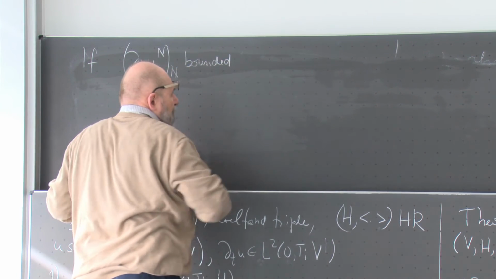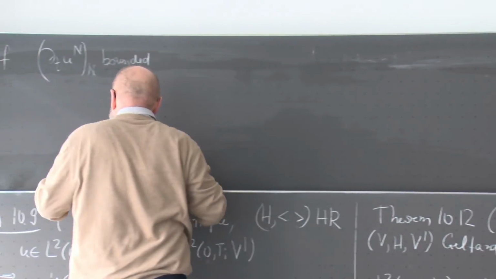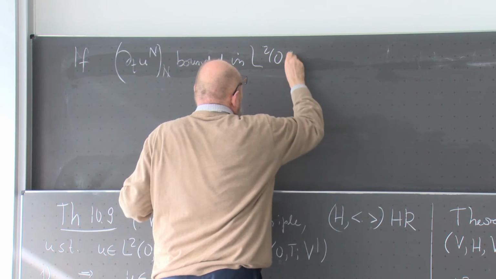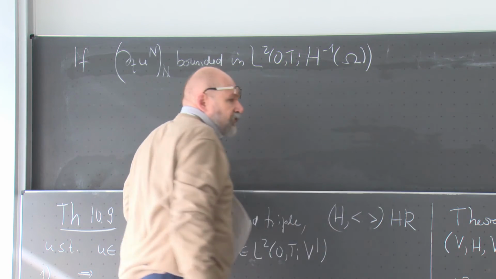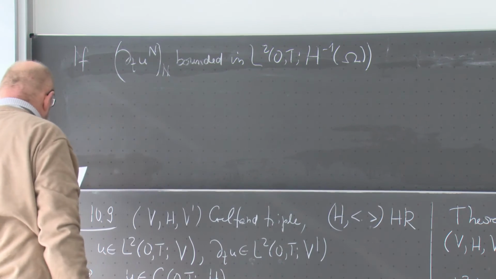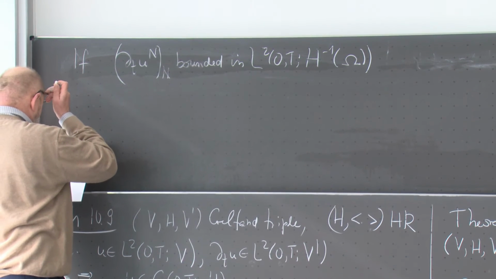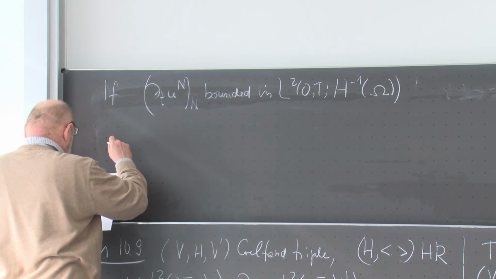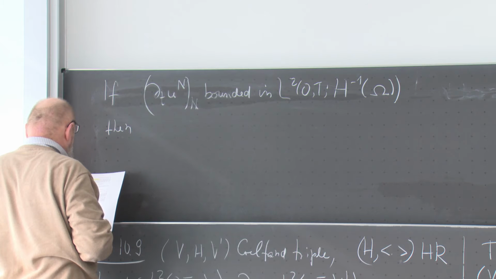Now for the time derivative, if we get such an a priori bound for the time derivative in L2(0,T), but only here in the dual space, so not as functions, only as dual elements, then, okay, that's not stated here, but I think it has to be true.